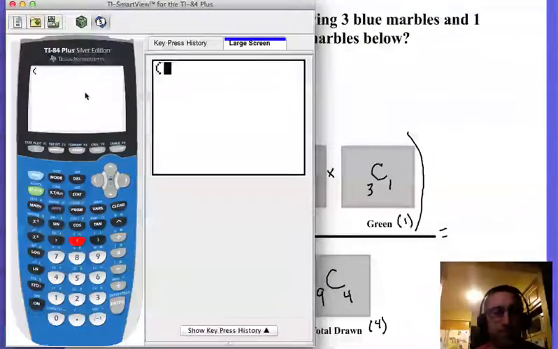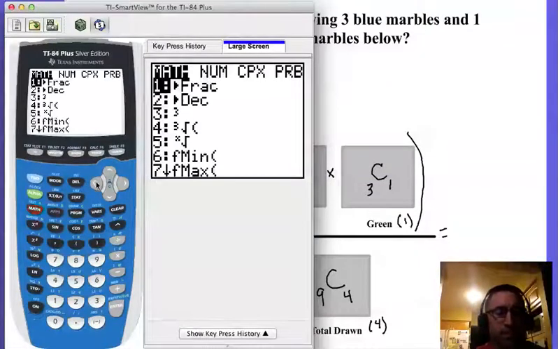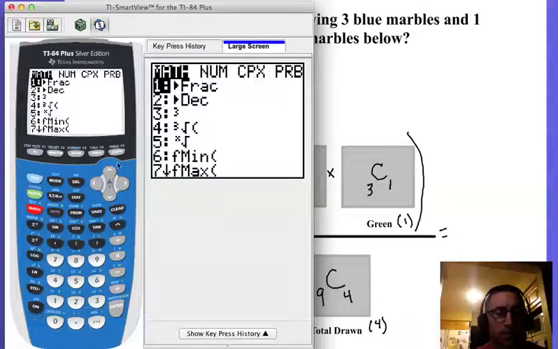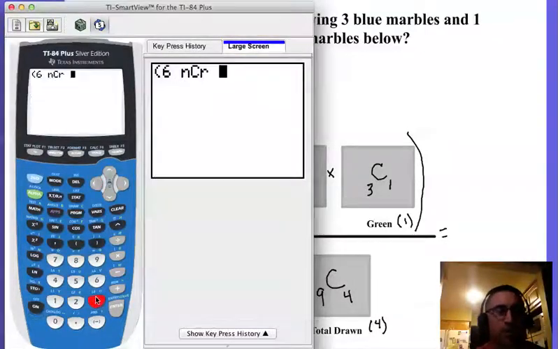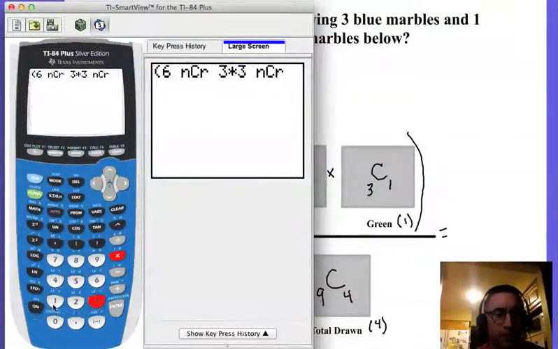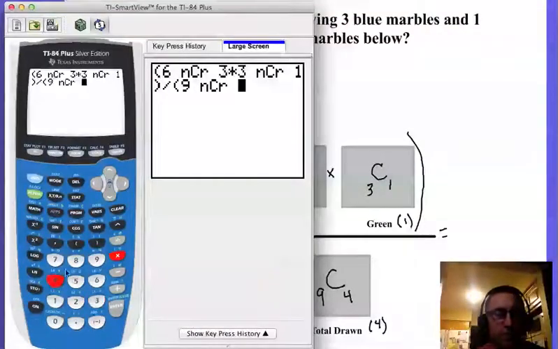Parentheses, 6, math, probability, combination, choose 3, times 3, math, probability, combination, choose 1, parentheses, divided by, parentheses, 9, math, combination, choose 4.